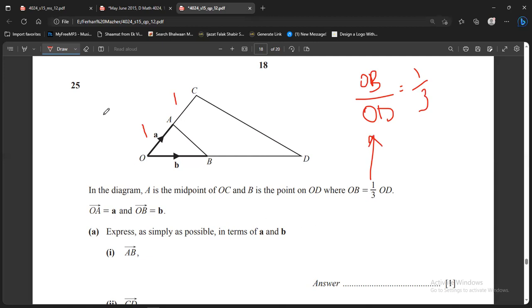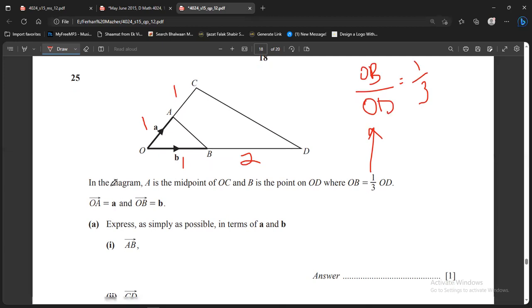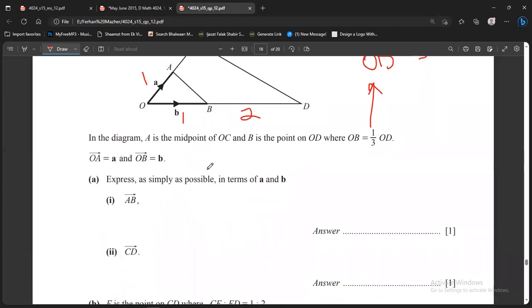So that means that the OB is 1 and the OD, that whole thing, is 3. So this portion is 2, the whole thing is 3. That's the ratio according to them. OA is A and the OB is B. Okay. Express as simply as possible in terms of the AB.